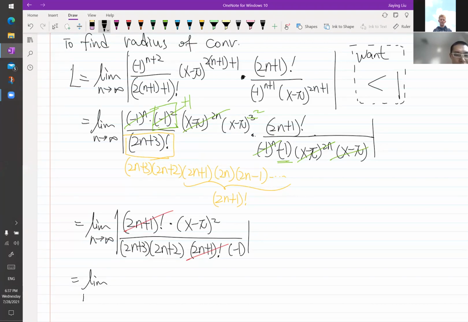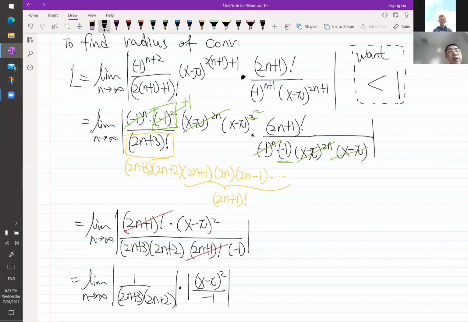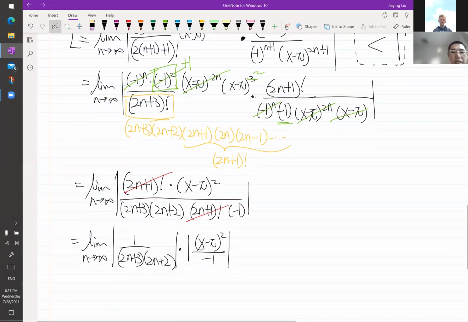Now we have the limit as n goes to infinity of the absolute value of 1 over (2n plus 3)(2n plus 2), those are the terms that have n in them, multiplied by the absolute value of (x minus pi) squared divided by negative 1 in the denominator. You can obviously make it a positive 1 by dropping the absolute value, but make sure you actually do the work correctly.